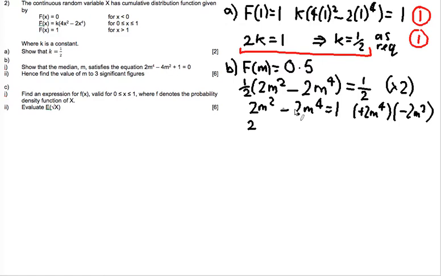Strictly speaking we'd have 0 on the left hand side and the equation on the right hand side, but as long as the equation stays the same, I can then rewrite this as 2m to the power of 4 minus 2m squared. Actually, it should be 4m squared, so apologies, let's just change that to a 4. This one here of course should be a 4, just a silly mistake, plus 1 equal to 0.